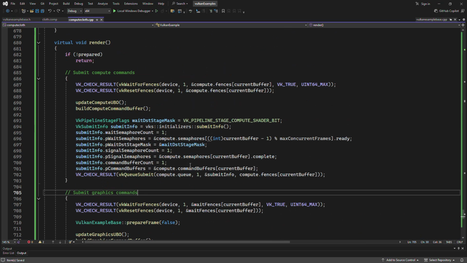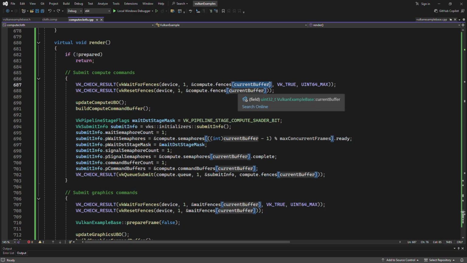Within the compute and the graphics submissions, we're talking from CPU to GPU. We have our own set of rules, right? And then notice that, I don't want to get into it now, but we're dealing with frames, right? So frames, current buffer. We're dealing with the current buffer.